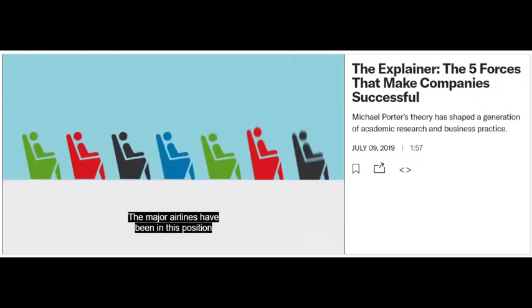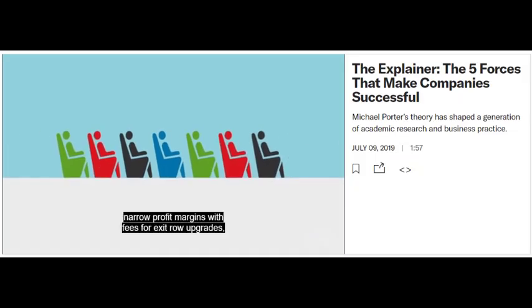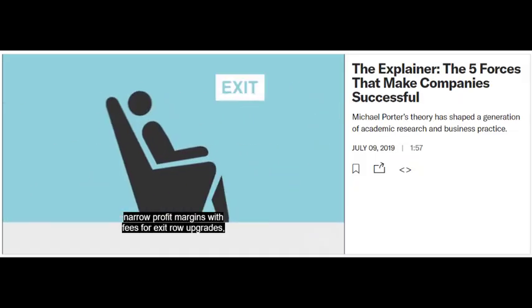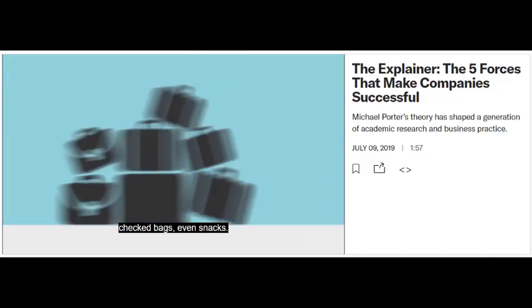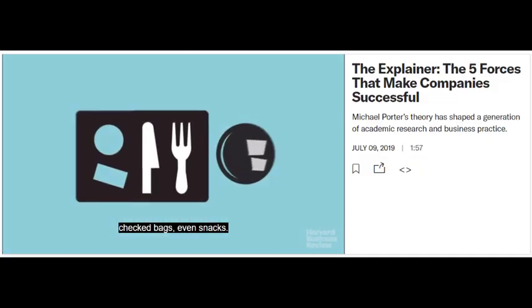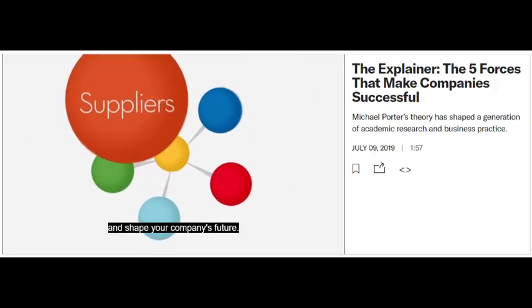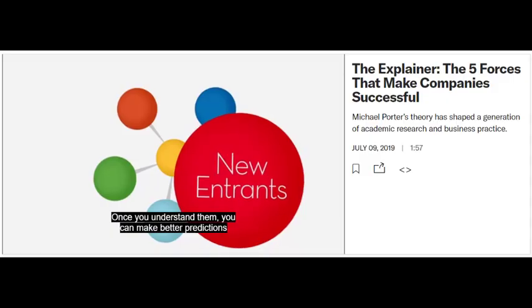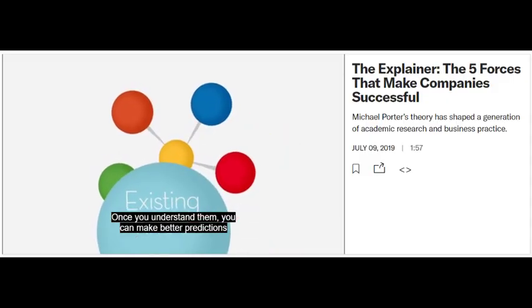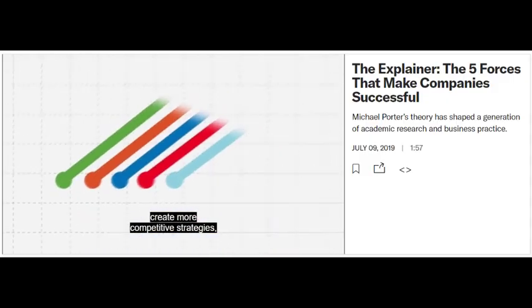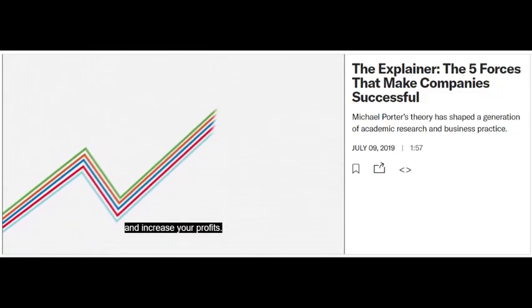The major airlines have been in this position for years, forcing them to defend increasingly narrow profit margins, with fees for exit row upgrades, checked bags, even snacks. These 5 forces define every industry structure and shape your company's future. Once you understand them, you can make better predictions, create more competitive strategies, and increase your profits.